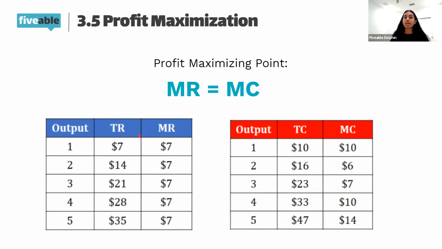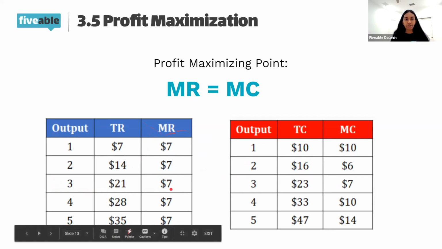A lot of the time, College Board gives you just total revenue and total cost, and you solve for marginal revenue and marginal cost on your own, which is not too hard because you just do the subtraction that we talked about. You're looking for the quantity where MR equals MC. In this case, that would be 3, because MR is 7 and MC is 7.